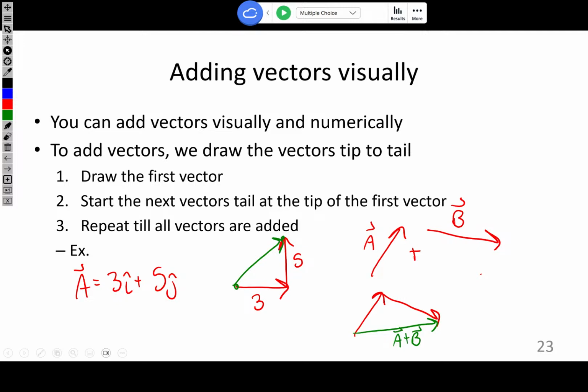If you have 3 vectors, plus, let's make C this way. Then you just take C and you put that, so here's A, here's B, here's C. My final vector, beginning, end, A plus B plus C. Ooh, spooky. All right, there you go. Something to note here.